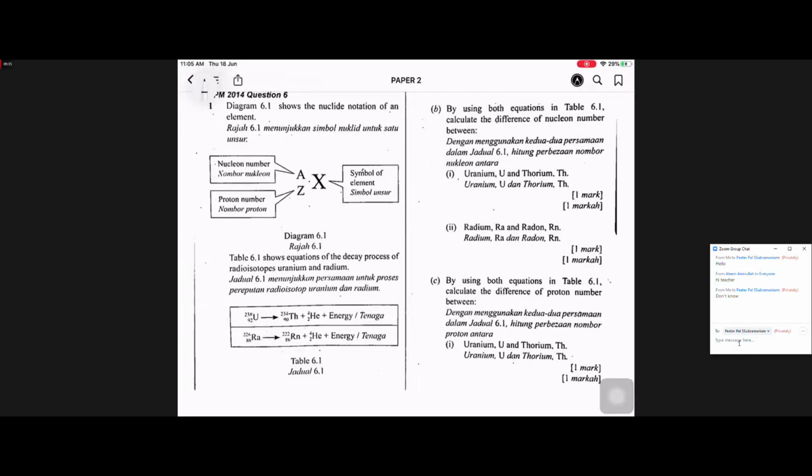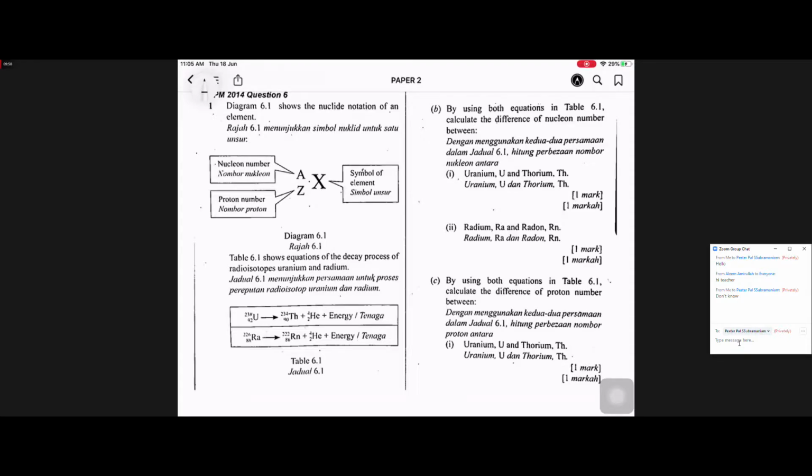Table 6.1 shows the equation of the decay process of radioisotope uranium and radium. By using both equations in table 6.1, calculate the difference of nucleon number between uranium and thorium.